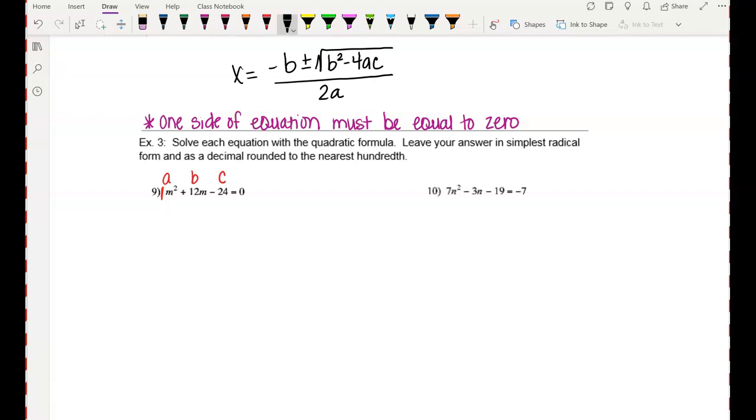So when I go to substitute in, I have x equals negative 12, because B is 12, plus or minus the square root of 12 squared minus 4 times 1 times negative 24, all divided by 2 times 1.